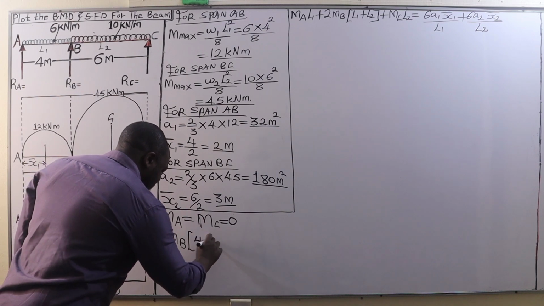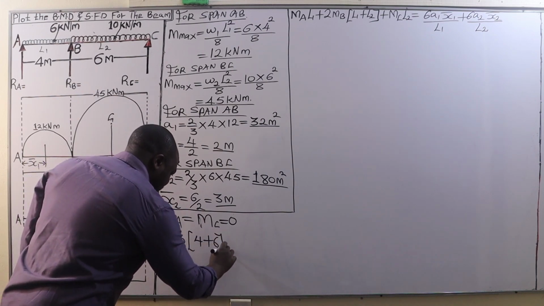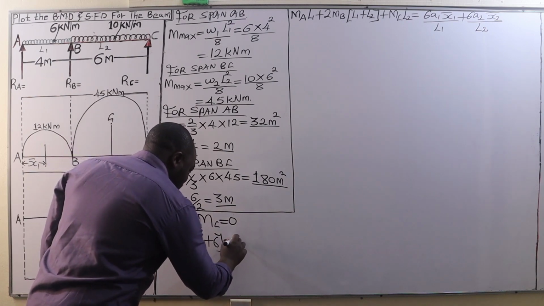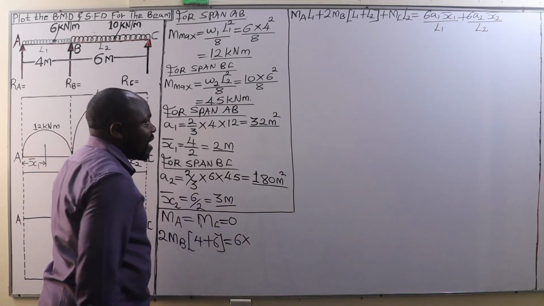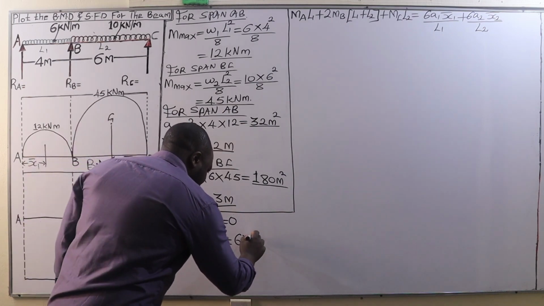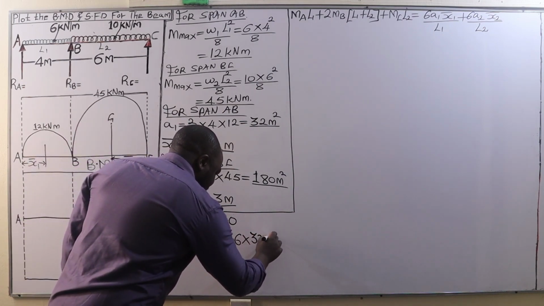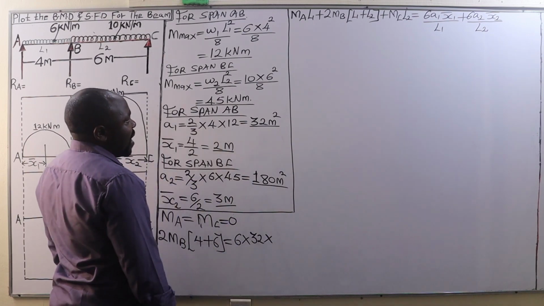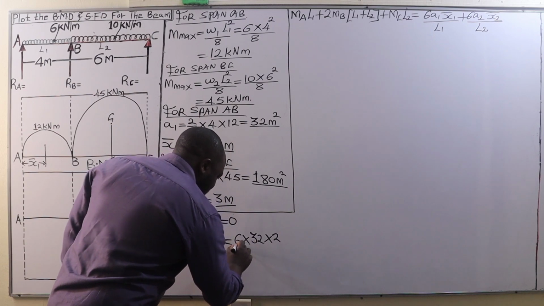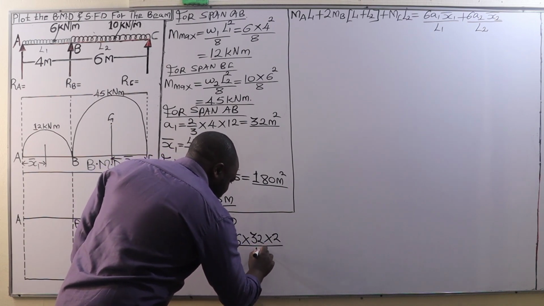L1 is 4 meters, L2 is 6 meters. MC L2 is 0. This is going to be equal to 6 multiplied by A1, A1 is 32 square meters, multiplied by bar x1, which is 2 meters.